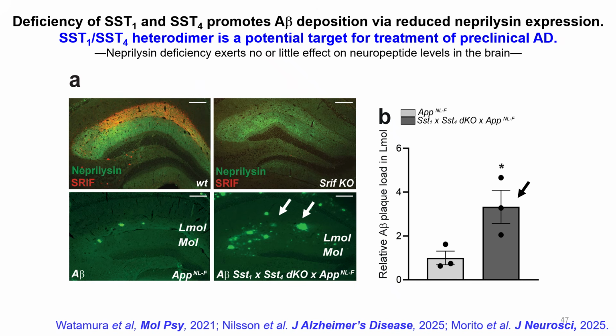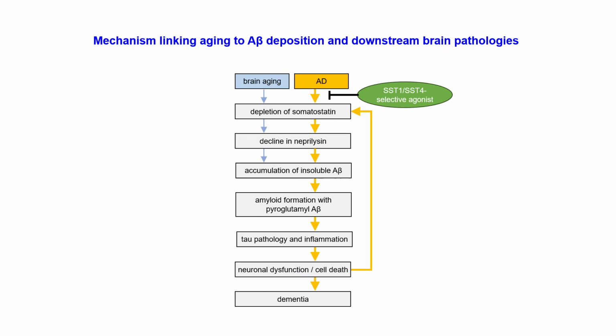Importantly, neprilysin deficiency exerts only a little or no effect on various neuropeptide levels in the brain, as shown in the previous slide. Here is a summary of these observations. Aging reduces neprilysin levels through somatostatin depletion, leading to the accumulation of insoluble A-beta, which subsequently triggers tau pathology and inflammation, ultimately resulting in neurodegeneration and dementia.